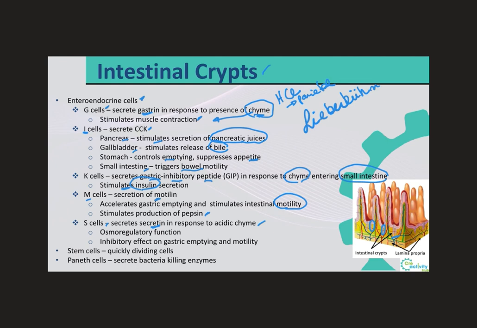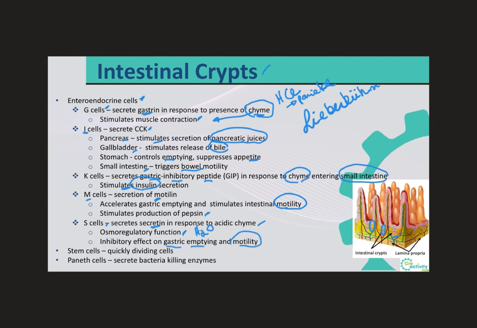Now, it will have this osmoregulatory function where it will regulate water homeostasis throughout the body. It also influences the environment of the duodenum by regulating the secretions in the stomach, in the pancreas, and in the liver. Therefore, it has this inhibitory effect on the gastric emptying and motility.